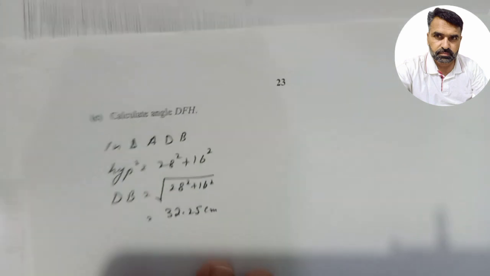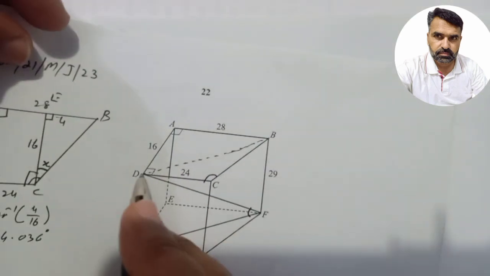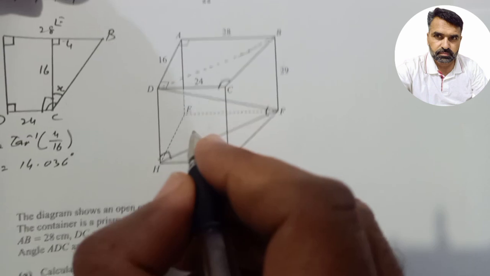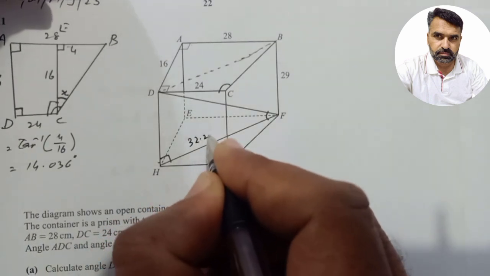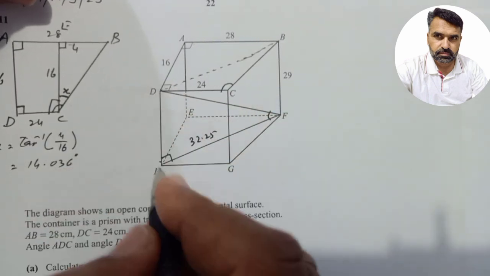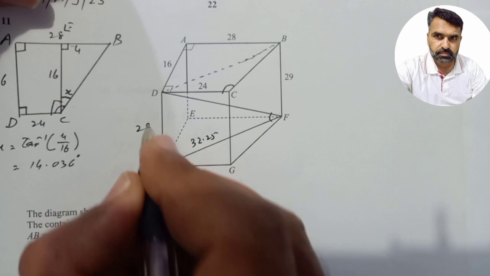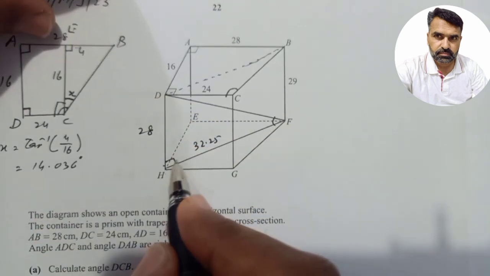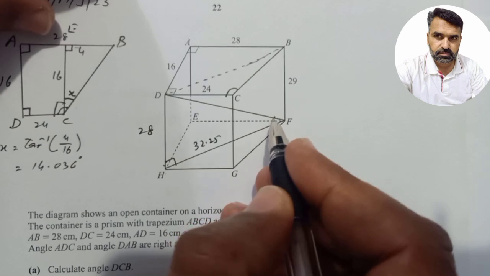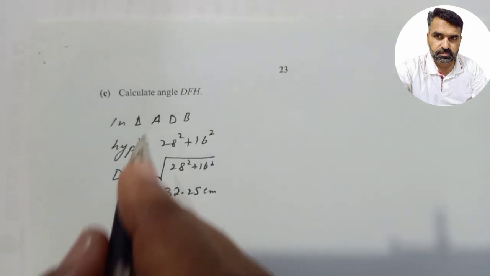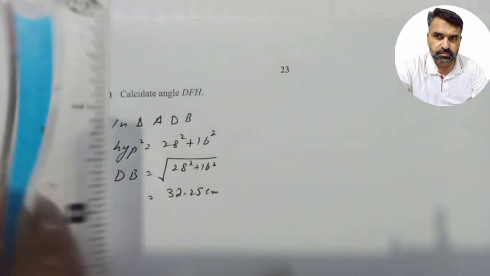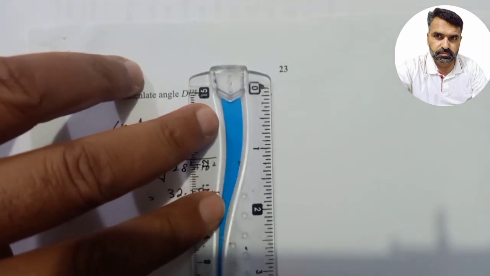Now students, the value of DB and HF is same, and that is 32.25 and DH is 29. Now students, DHF is right angle triangle in which two sides are given, and we have to find the value of angle DFH, this angle. I will draw this triangle again for more clarity.